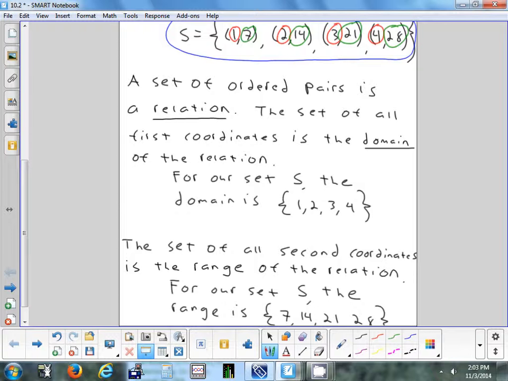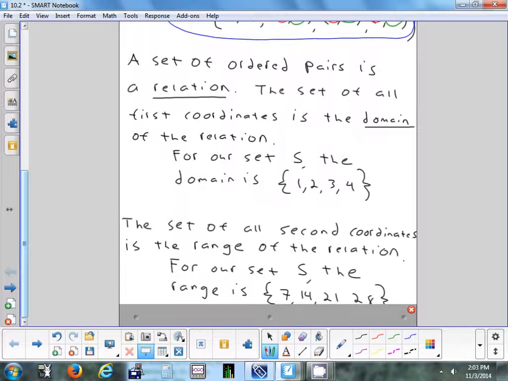Wait, so what if you have names? Yep, you can have names too. So when you write an ordered pair, it doesn't necessarily have to be numbers. We could do it with an ordered pair, like, for example, Jack, comma, Monday.